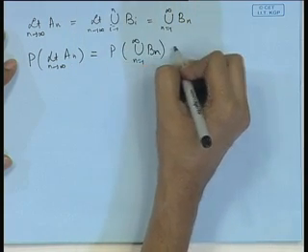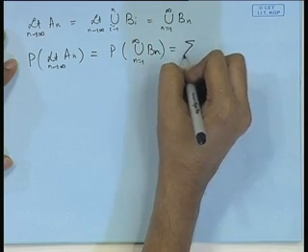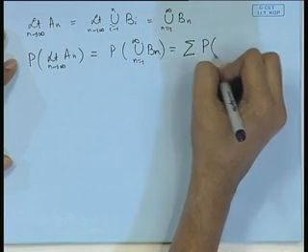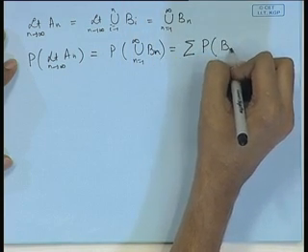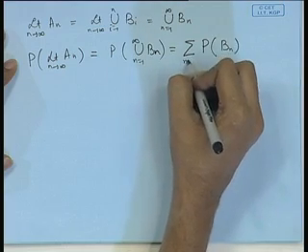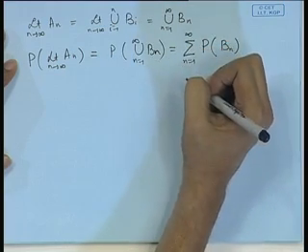Now, Bn is a disjoint sequence of sets, then by the axiom of countable additivity, this becomes the sum of probability of Bn, n equal to 1 to infinity.